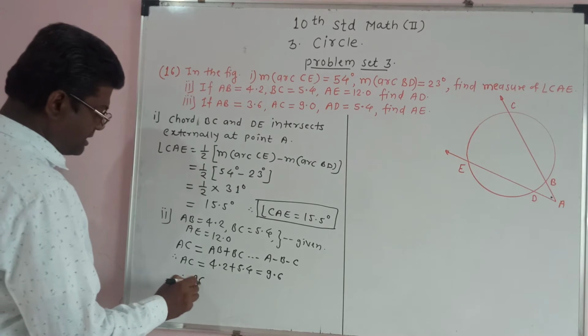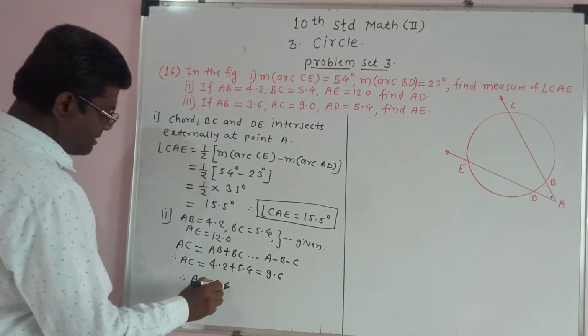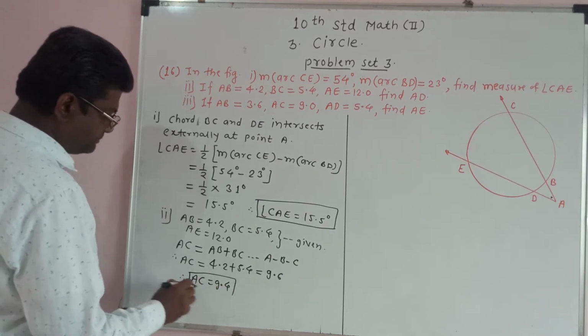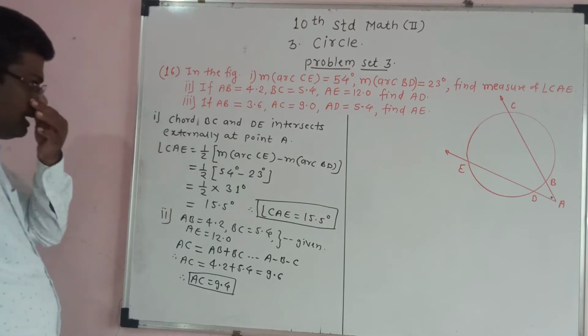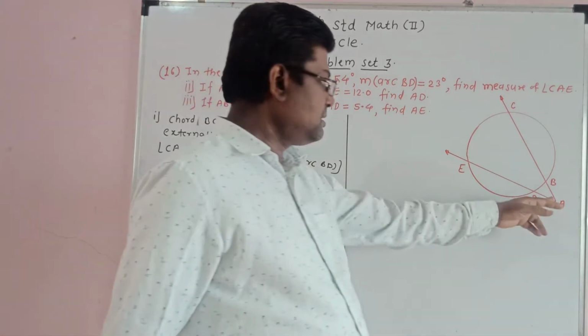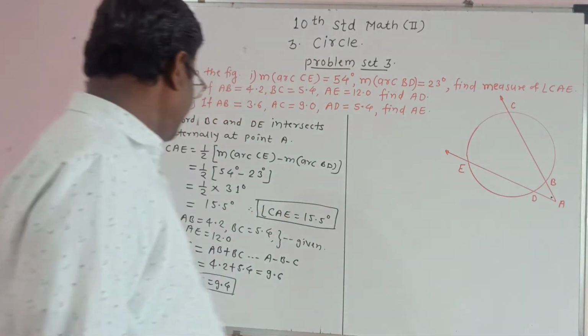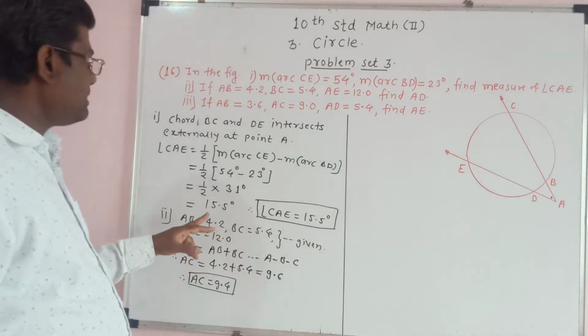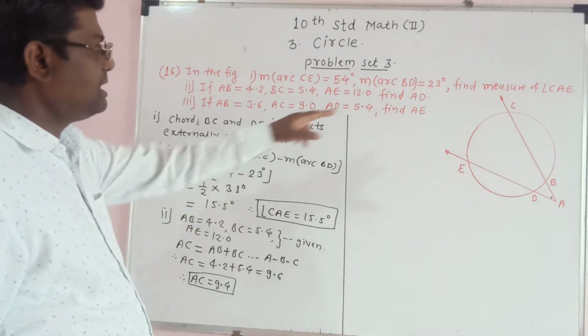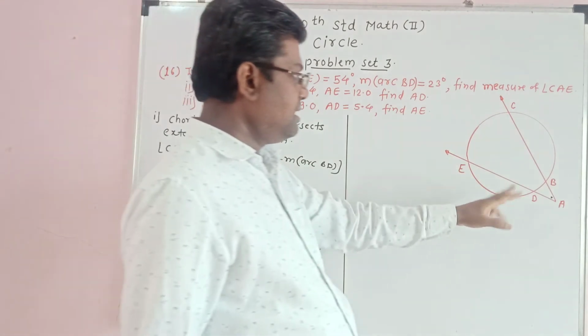Now AE is given as 12 and we have to find AD.